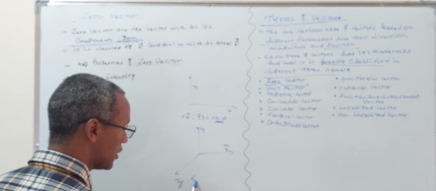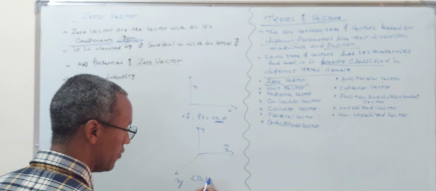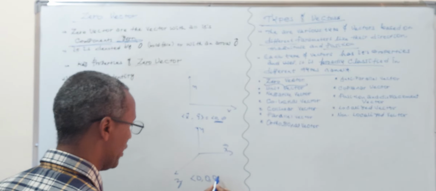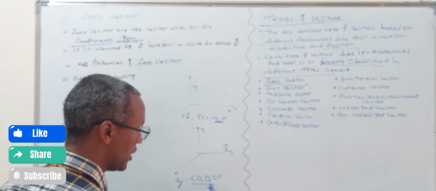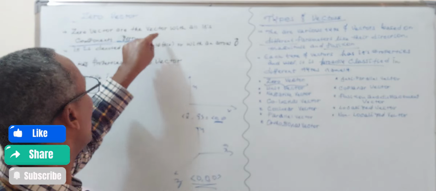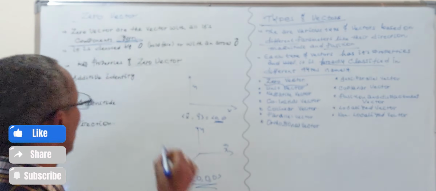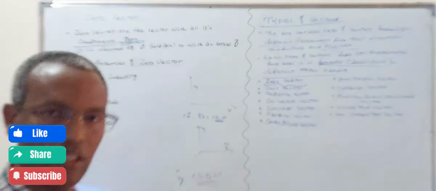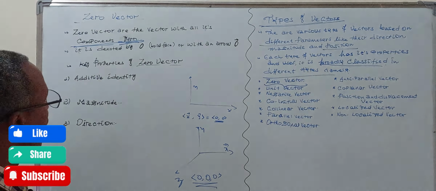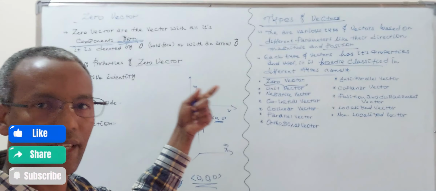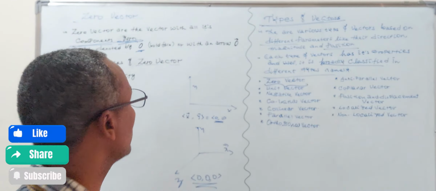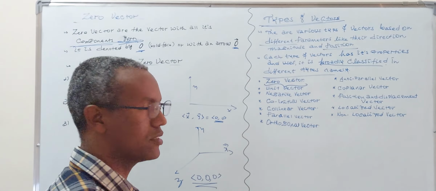If x is 0, y is 0, and z is equal to 0, that is called a zero vector. That is why a vector with all components equal to 0 is a zero vector. That is all about the zero vector definition. We can represent the zero vector by 0 with an arrow on top.